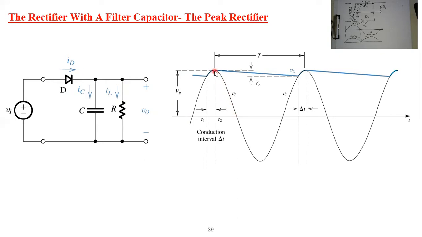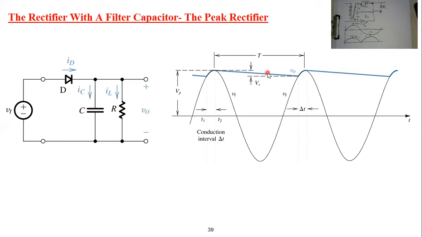Whenever you reach this maximum, that means this capacitor is fully charged. And herein, the capacitor will start to discharge until you reach the same voltage again. Then you are going to charge again, and then discharge, and so on.